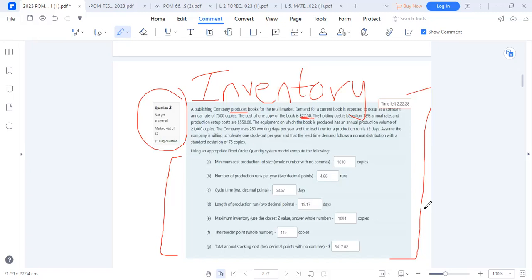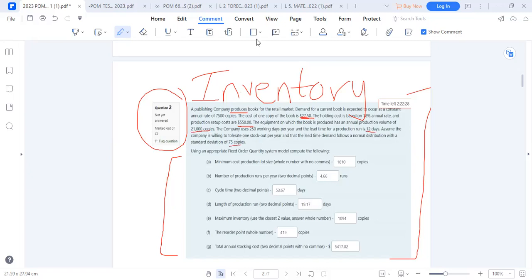Days of the year is 250. And then setup cost is 550. Our S is 550. Our setup cost is 550. Annual production, we have that one. Lead time is 12.